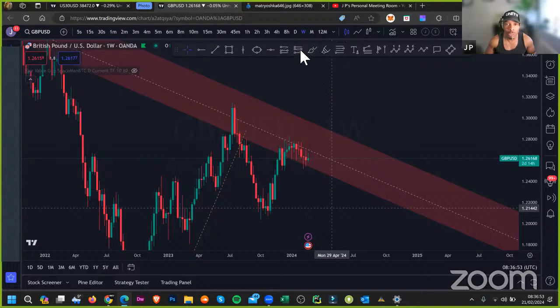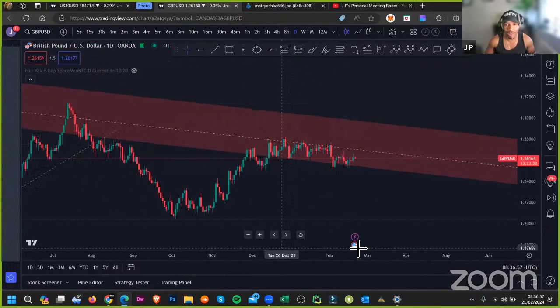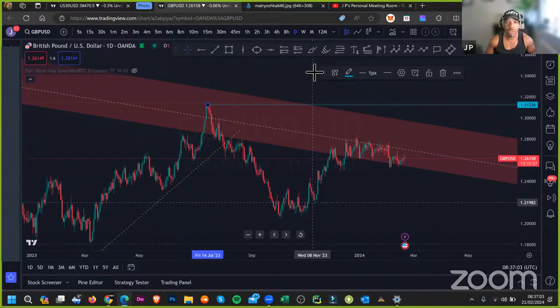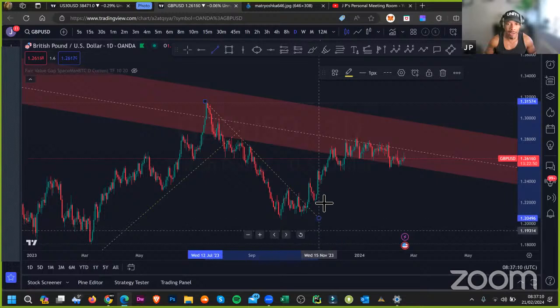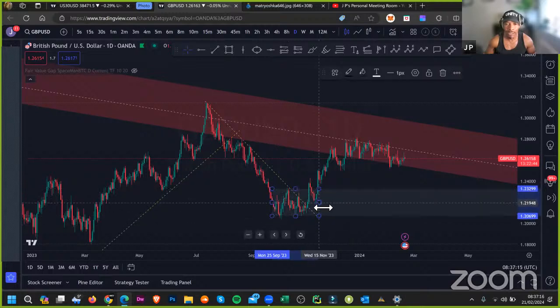But now I've zoomed in on my daily time frame, have a look, pow, I can see very clearly that this market was bearish. Have a look, boom. Was bearish, like that, boom. Okay, and then the market did go sideways for a little while. Have a look, boom.